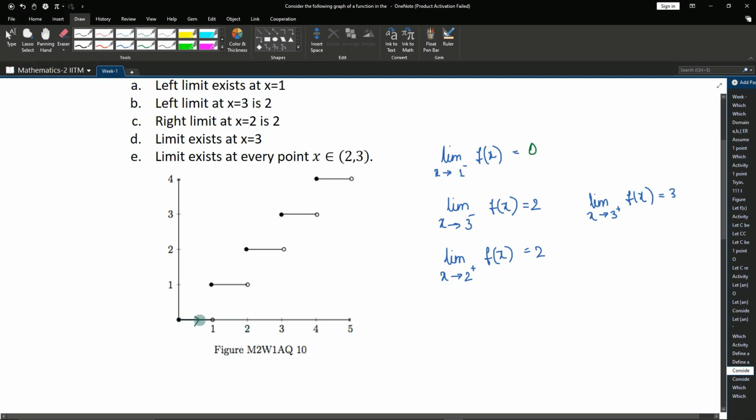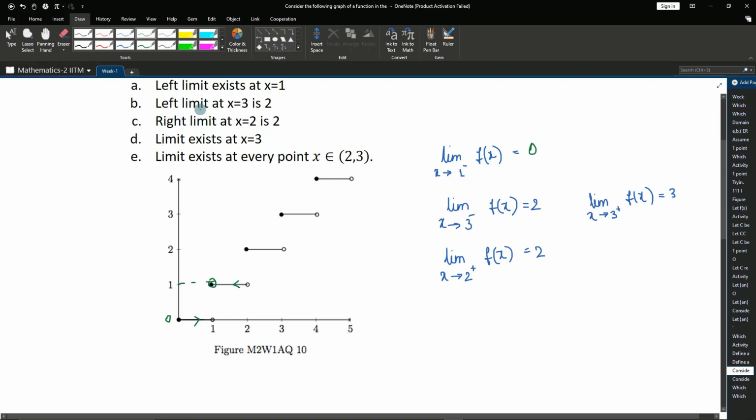We have the value 0. At 1, the f of x value is 1. So if we are approaching from the right side, the limit value is 1. So here the left limit is 0, the right limit is 1.